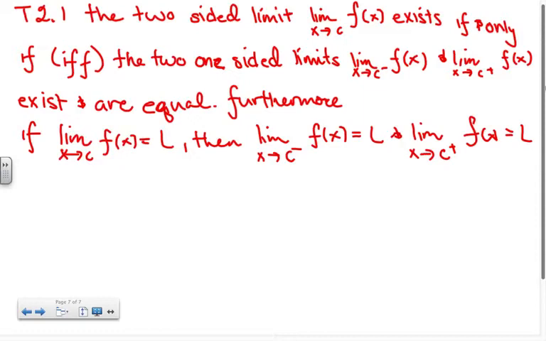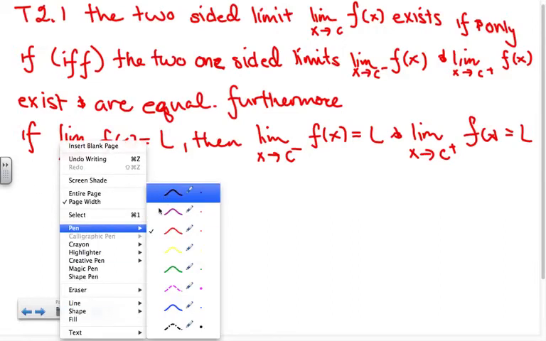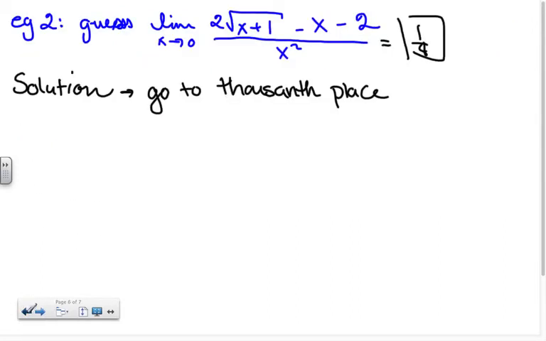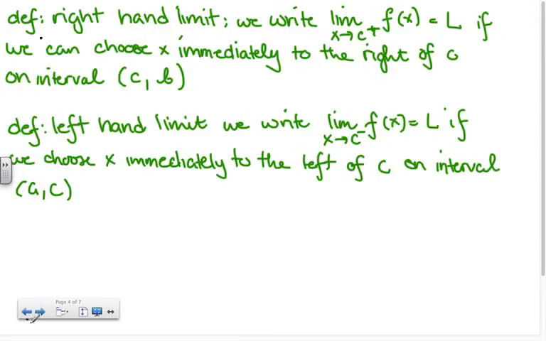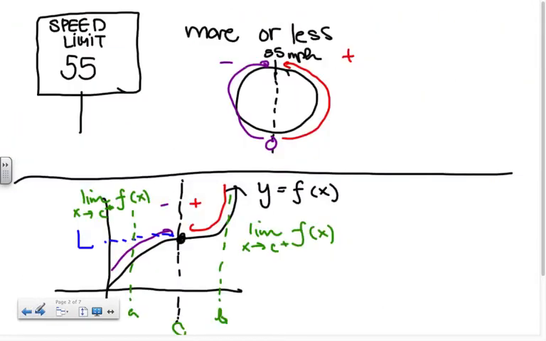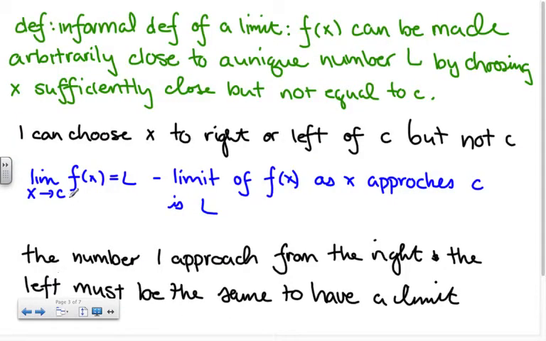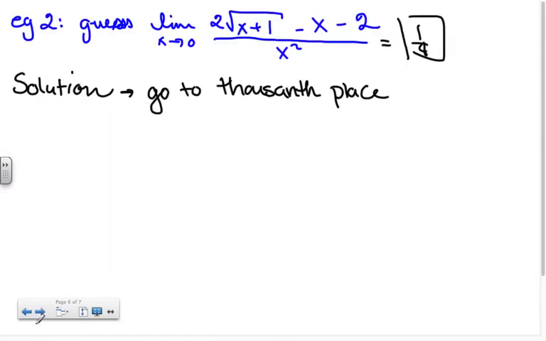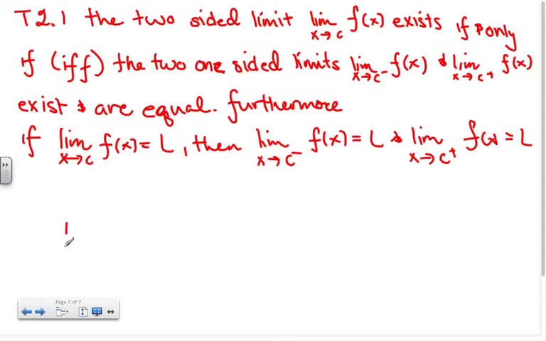Now, I stated this earlier in this lecture, not here, not there, right here. What I stated here, the number I approach from the right and from the left must be the same to have a limit, which is effectively what I just told you. So I'm going to put that note again.